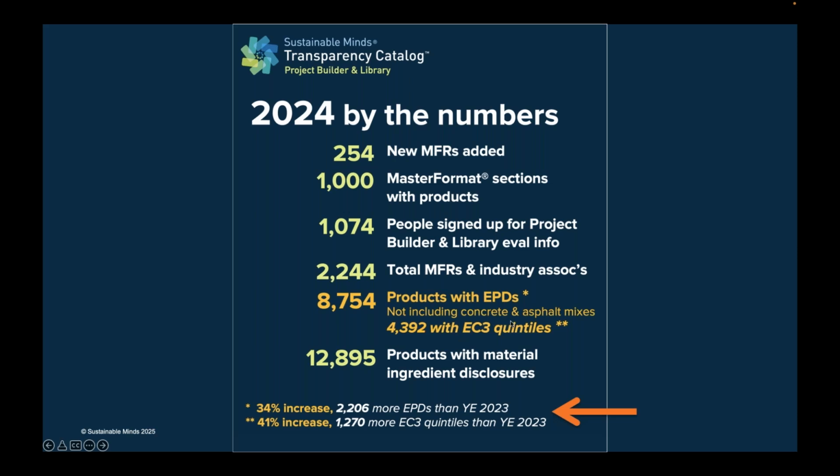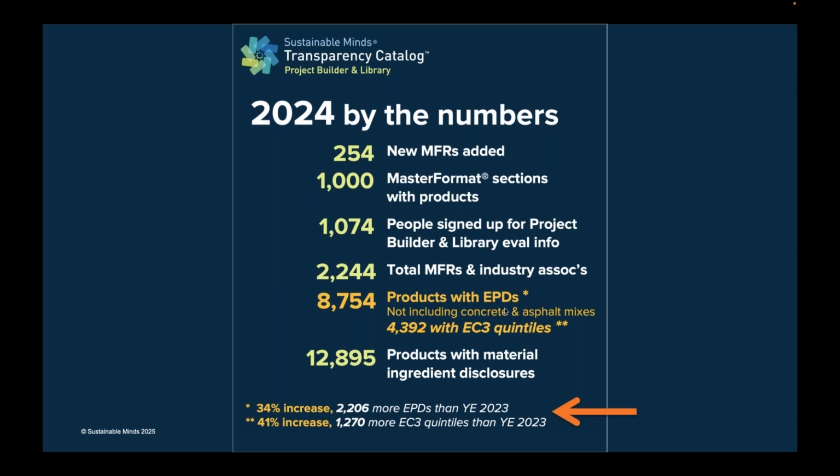And this is the kickoff to the next part of the webinar, which is that we have a lot of products now with EPDs, and we don't include the specific mix generated EPDs for concrete and asphalt. And that's largely because those EPDs are specific to projects.